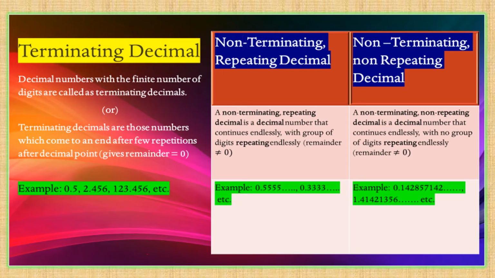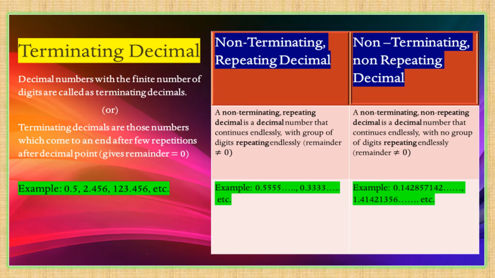If you see the examples here, I gave 0.5. 0.5 has no repetition, right? It is stopping at this digit only, 5 only. So it is giving remainder 0, so it is called a terminating decimal.